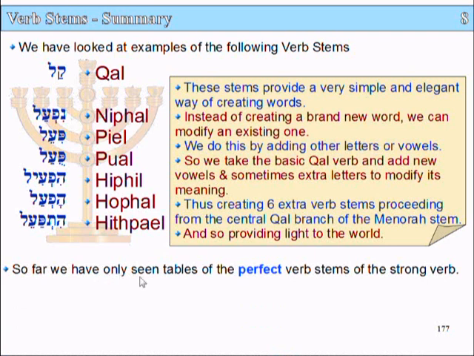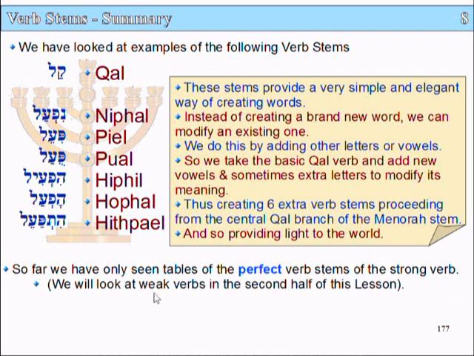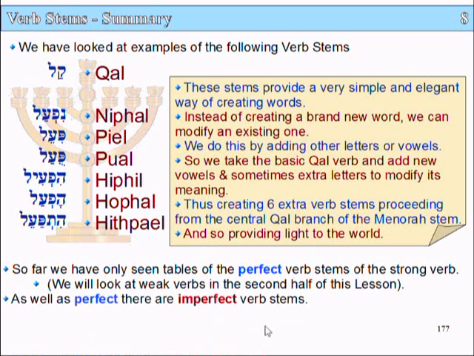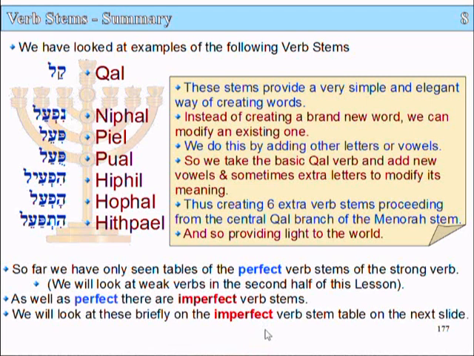So we have only seen tables of the perfect verb stems of the strong verb, but there are imperfect ones. We'll also look at weak verbs in the second half of this lesson in part 2. But we're now going to have a look at the imperfect verb stem tables, and we'll see those on the next slide.